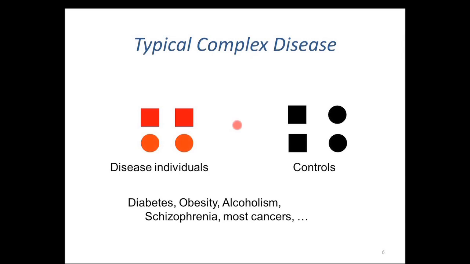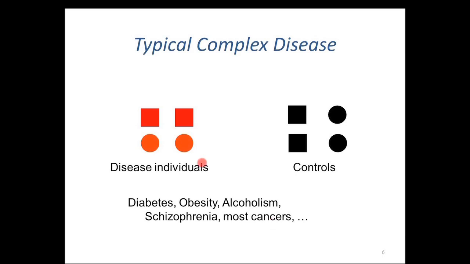So what we're doing now as geneticists is mostly trying to tackle all the rest of the diseases. That is common complex diseases, things like diabetes, obesity, alcoholism, schizophrenia, most cancers, where we feel, and it's pretty clear, that every condition that you can think of is influenced by our genetic background.